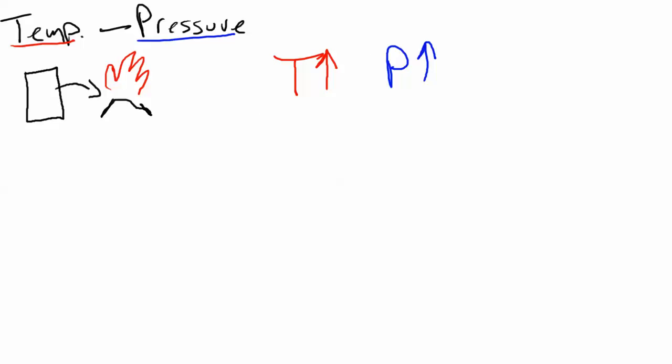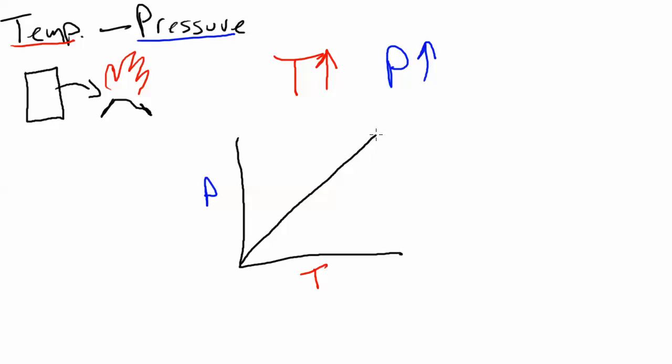And so if we wanted to graph that, if we put temperature down here on the x-axis and pressure over here on the y-axis, again, it's a direct linear relationship, so you get an upward slanting line. The reverse of that, of course, would be that if temperature is low, then pressure is low. So that's the temperature-pressure relationship, and that's why it's dangerous to throw sealed containers into high temperature situations, because you can cause dangerously high pressures.